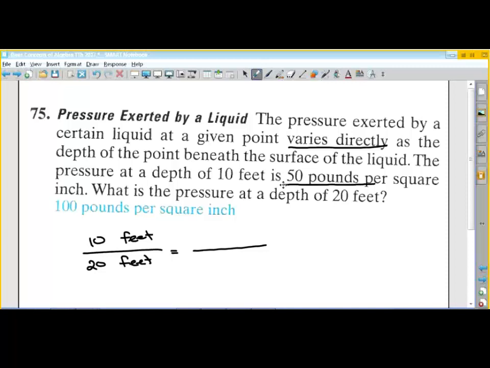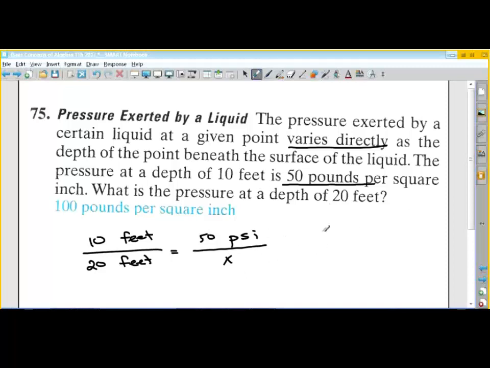Yeah, it's in the numerator because it says at a depth of 10 feet, it's 50 pounds. So it's obvious that those should go together. So what you would do is you'd put 50 pounds, and we're going to use PSI as an abbreviation for pounds per square inch, and therefore the unknown goes in the denominator.